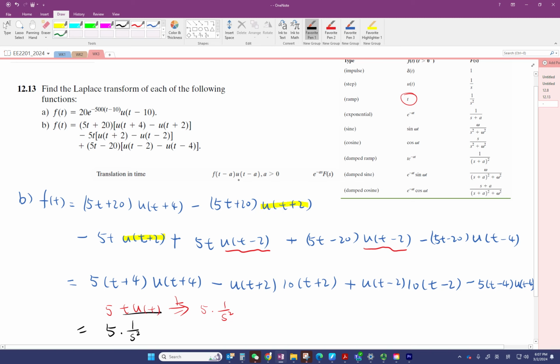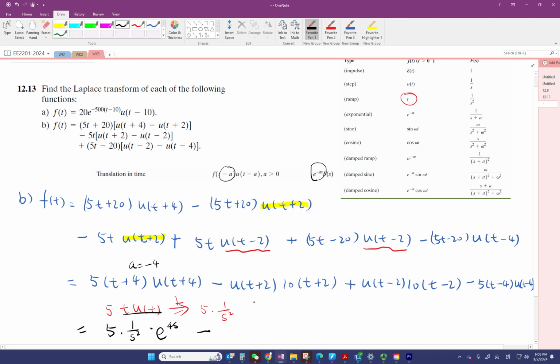After you do a time shift, you will have this one in there. And here, what you have shifted, this is negative a, this is a positive 4. So in this case, a actually equals negative 4. Right? a is negative 4. So you actually multiply with e to the order of 4s. Okay, because a is negative 4.